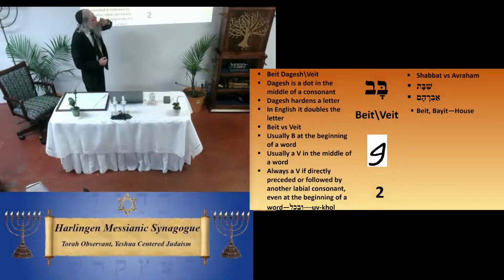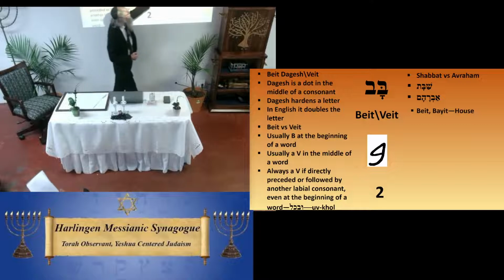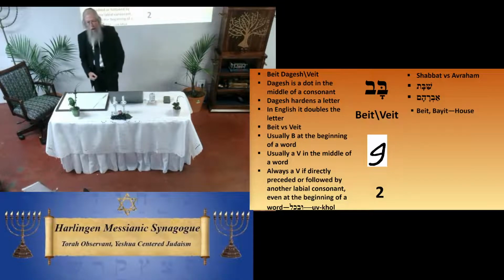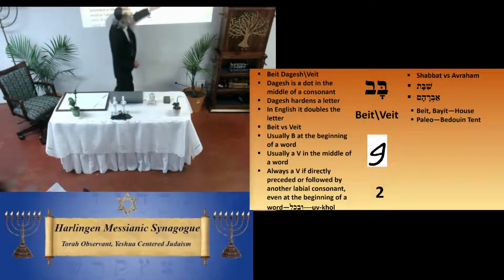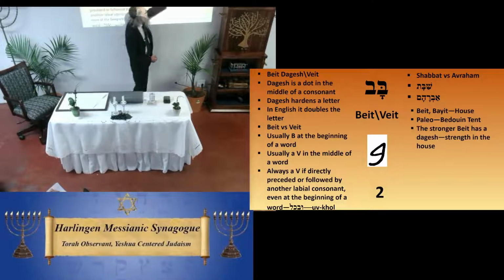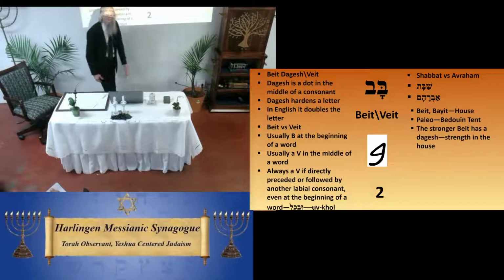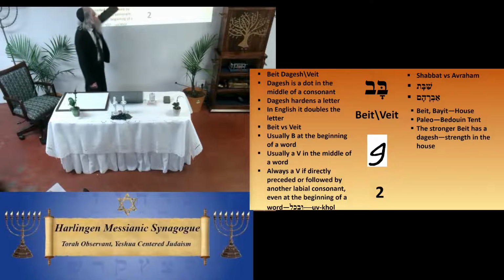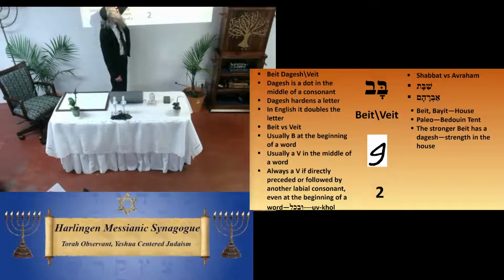Okay, next. So as we discussed, Beit comes from Bayit, and that means house. Next. So the paleo, we did this, is a Bedouin tent. Next. The stronger Beit has a Dagesh. Why?